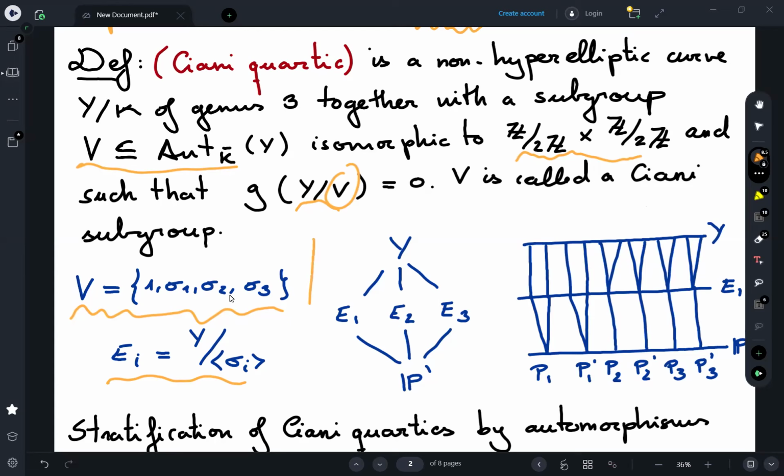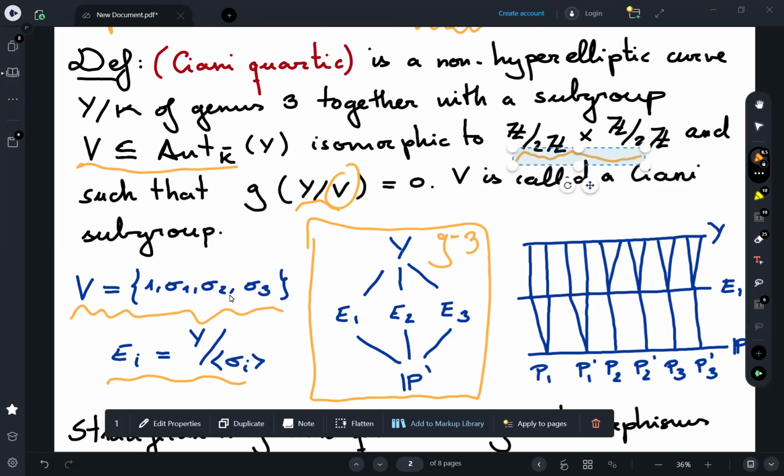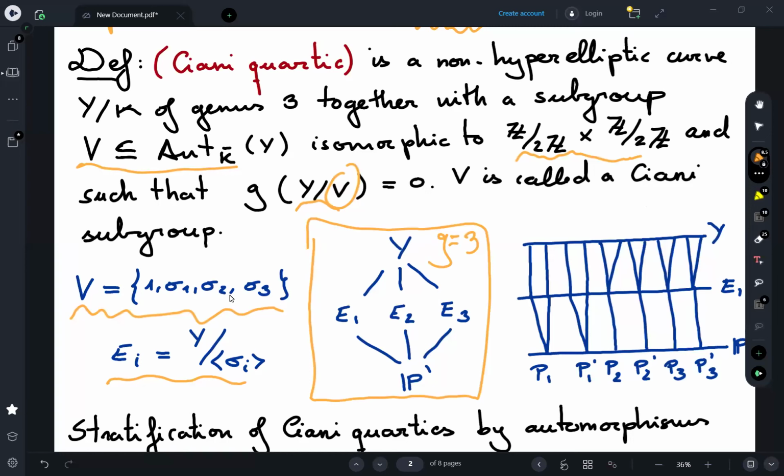So basically, you get a diagram like this one. Here you have your genus 3 curve, then degree two maps to elliptic curves of genus one, and then degree two maps, when you take the quotient by the whole subgroup, to P1.